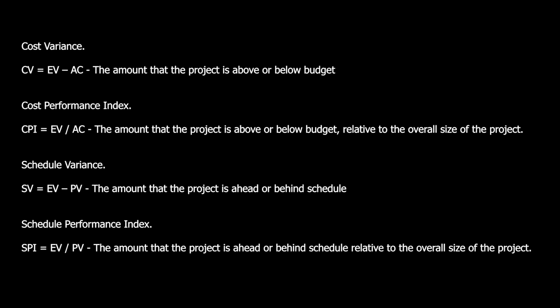Then the next one, SPI is equal to EV divided by your PV. Now these indexes are divided because they are ratios. So that's your schedule performance index is equal to your earned value divided by your planned value.